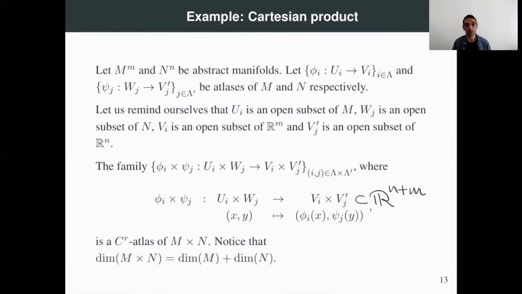So the Cartesian product is going to be a differentiable manifold. If big M and big N are differentiable manifolds of differentiability class C^r, then it's going to be also of the same differentiability class, and the dimension of the Cartesian product, as we all know, is going to be the sum of the dimensions, as it happens, for instance, in linear algebra.